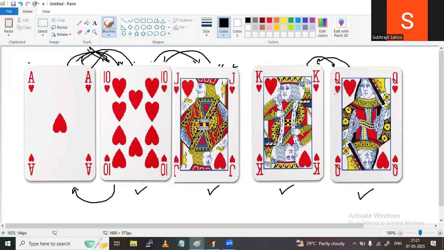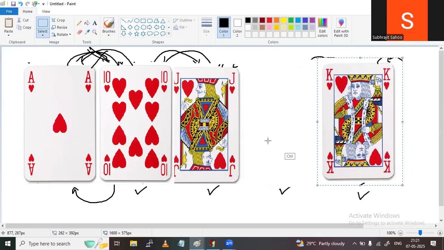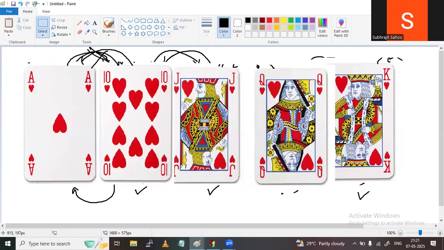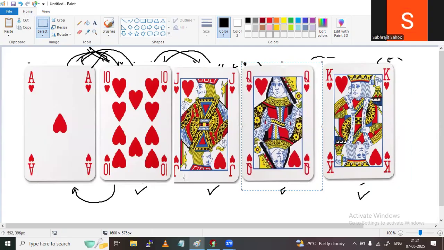Then do it immediately. I will move this one to K position and K to this position, right? Q to K position. Now by doing this, see, my array is sorted. These playing cards are sorted, right?